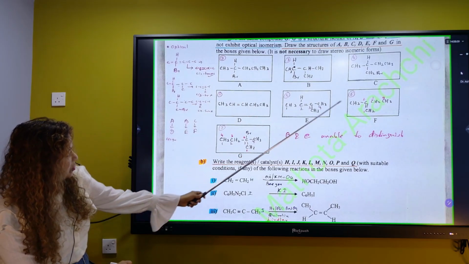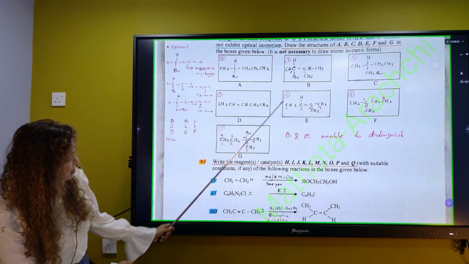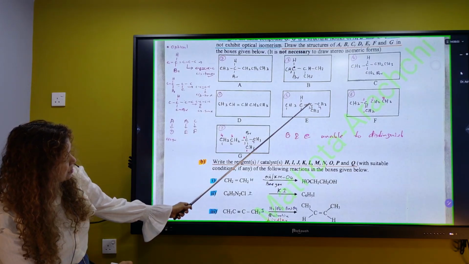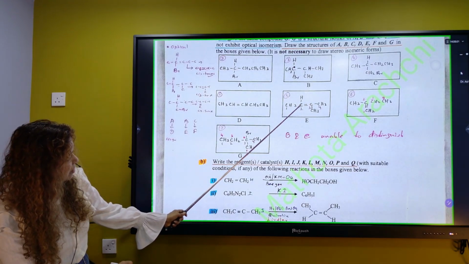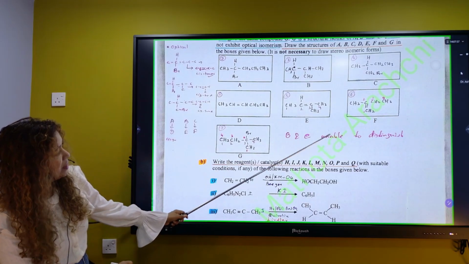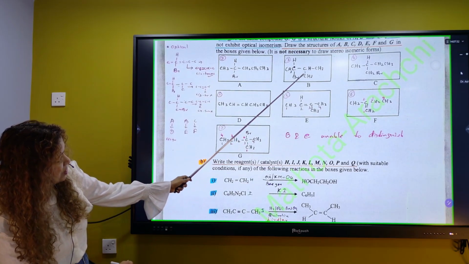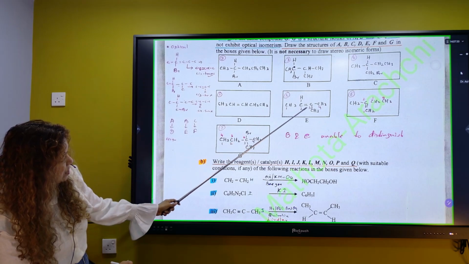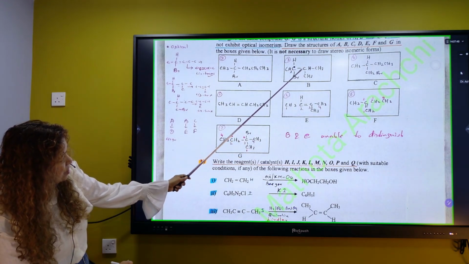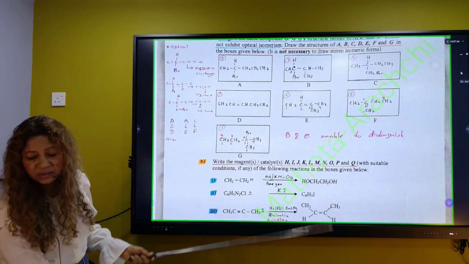Out of these two, if you try adding bromine, you come to the same G. Hydrogen goes to where hydrogen is high, then bromine gets here. You're going to get the same product. B and C are unable to distinguish. But if this is B, then this is supposed to be E. If this is C, this is supposed to be F. Understood? Okay.